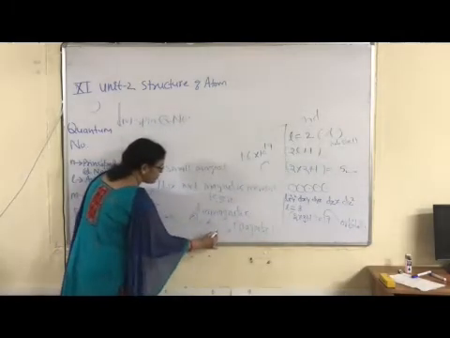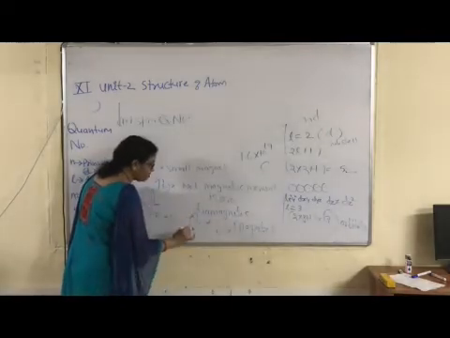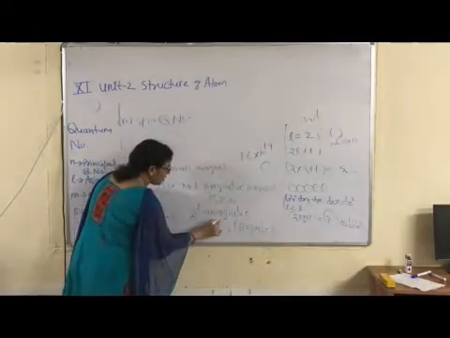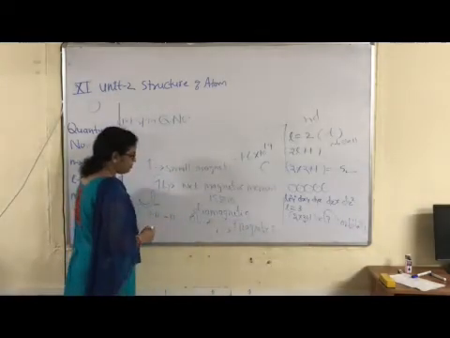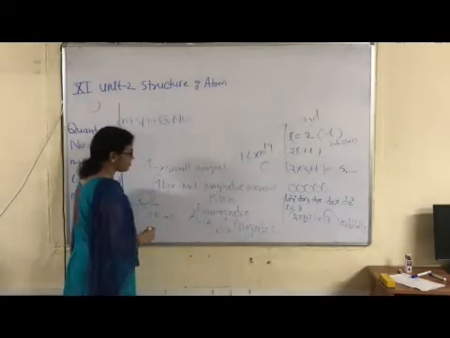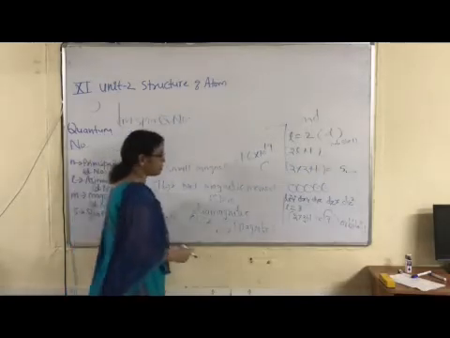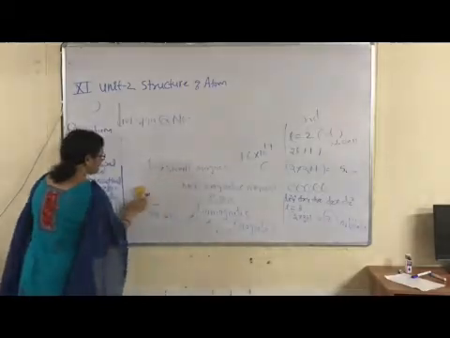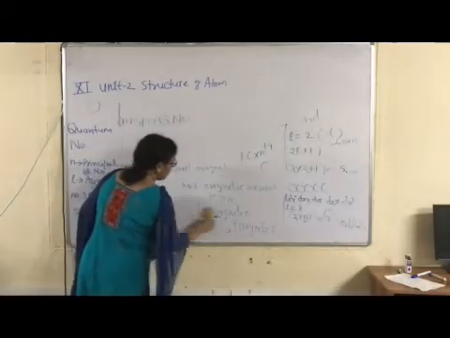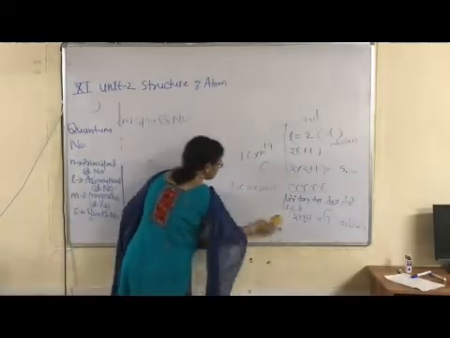So this type of magnetic property of any substance is known as diamagnetic property, or diamagnetic substance.